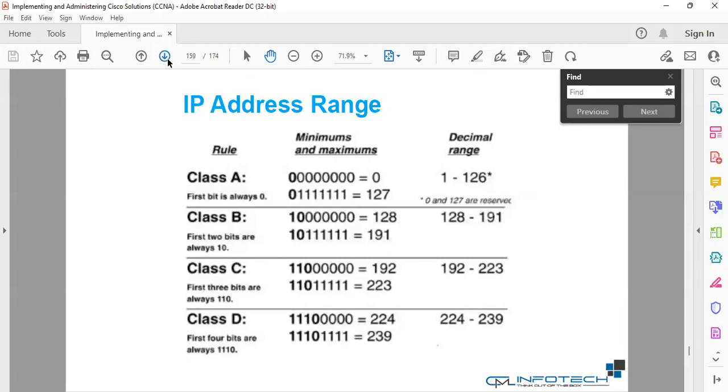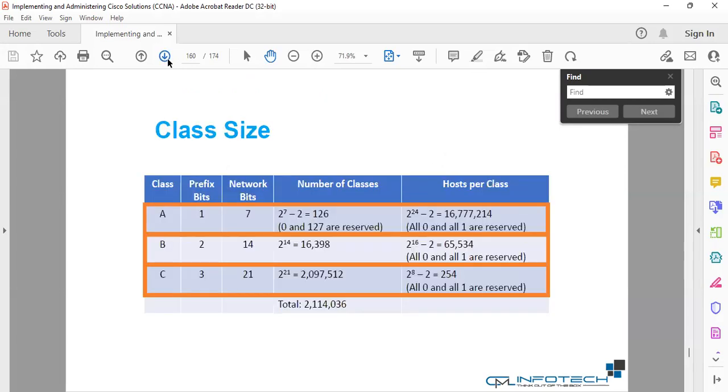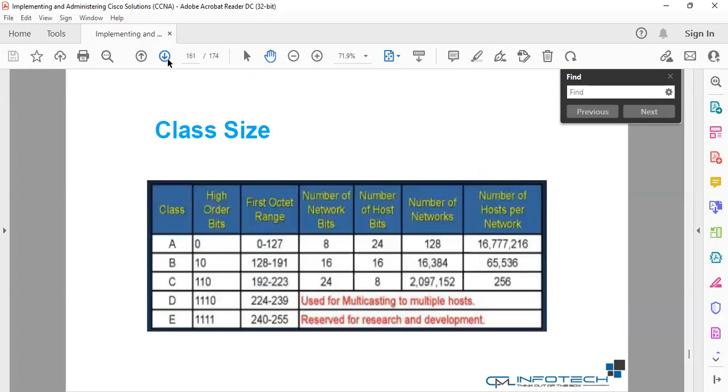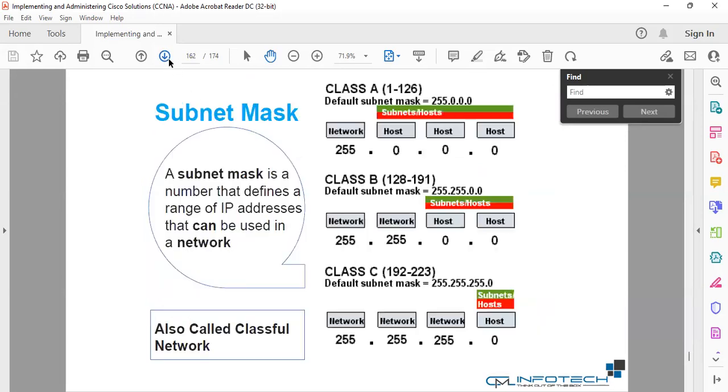When we say class A, it must be /8. When I say class B, it must be /16. But there could be chances of changing it. Here I mentioned the bits as well.